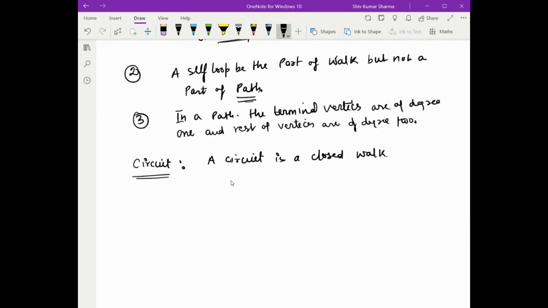That means initial and terminal vertex are same. A circuit is a closed walk that contains all vertices.